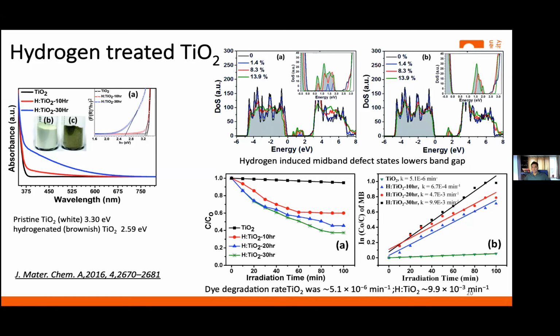So that has resulted in defect-induced states in the lower mid-gap. From this DFT, the density functional theory, you can see that there are defect-induced band gap states. Because of this, higher electron transfer and a lower decay rate happened. So that has promoted faster dye degradation in terms of methylene blue, etc.